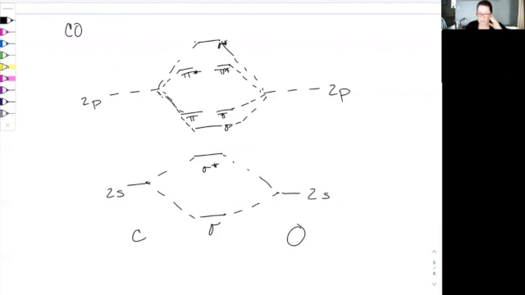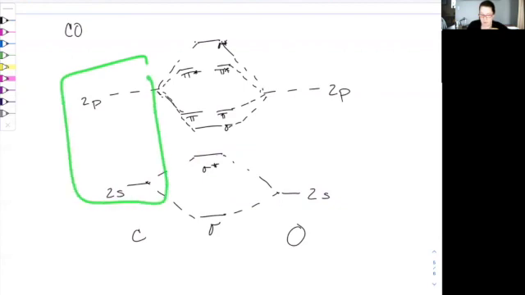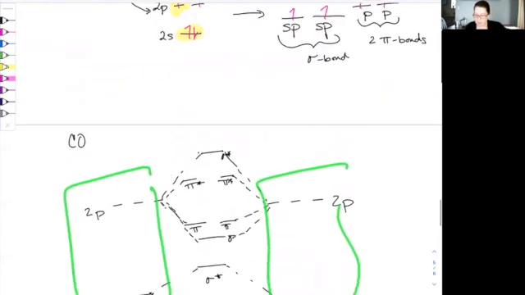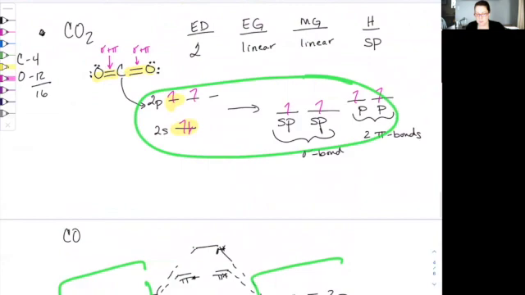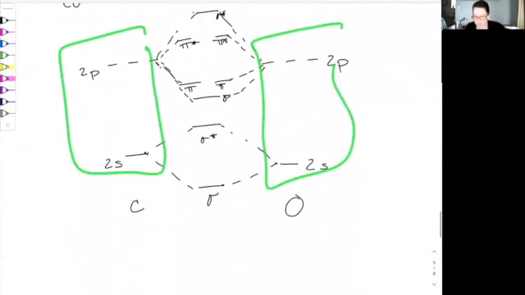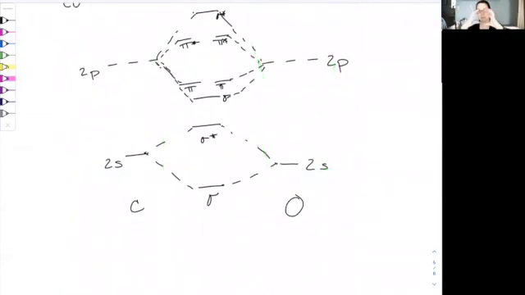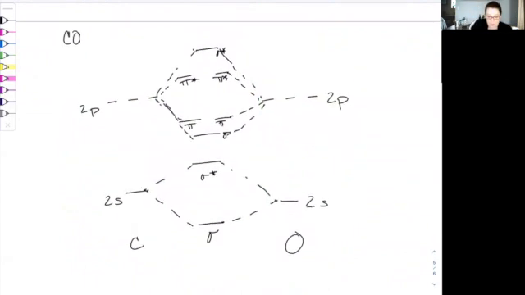Once again, outside are the atoms, just like we've been doing. In the middle is where the atoms come together and form the new molecular orbitals. So carbon has 4 valence electrons.